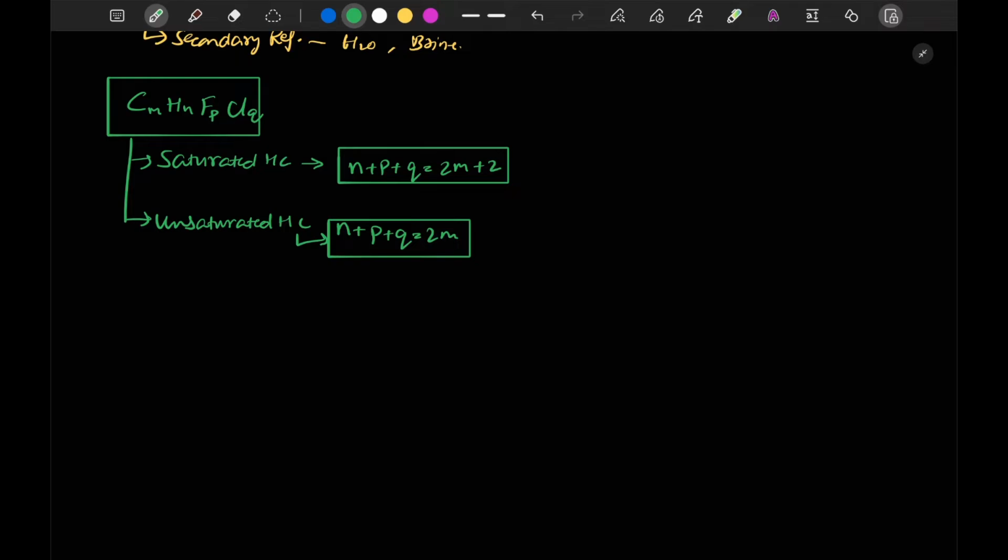For saturated hydrocarbons we write the formula as R(m minus 1)(n plus 1)(p). For unsaturated, there are four digits after R: R1 remains in all cases, then m minus 1, n plus 1, and p. I hope you have understood this.